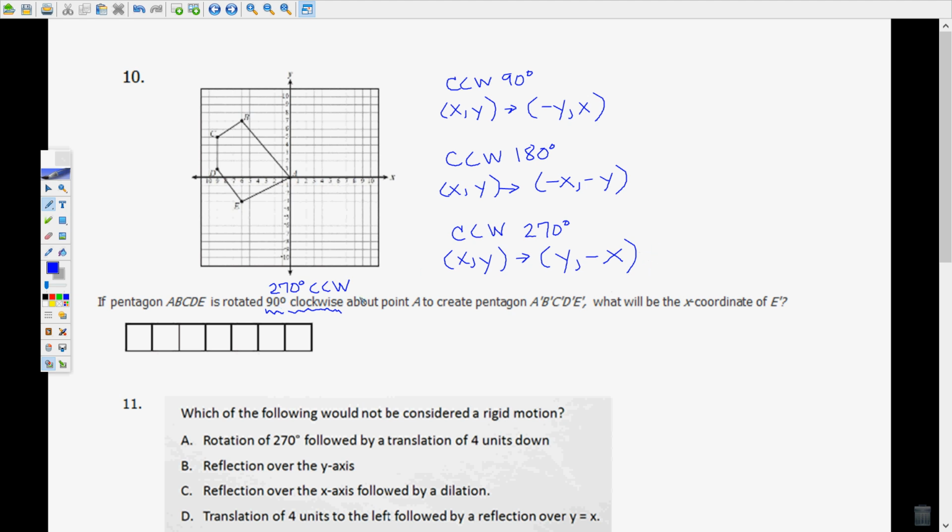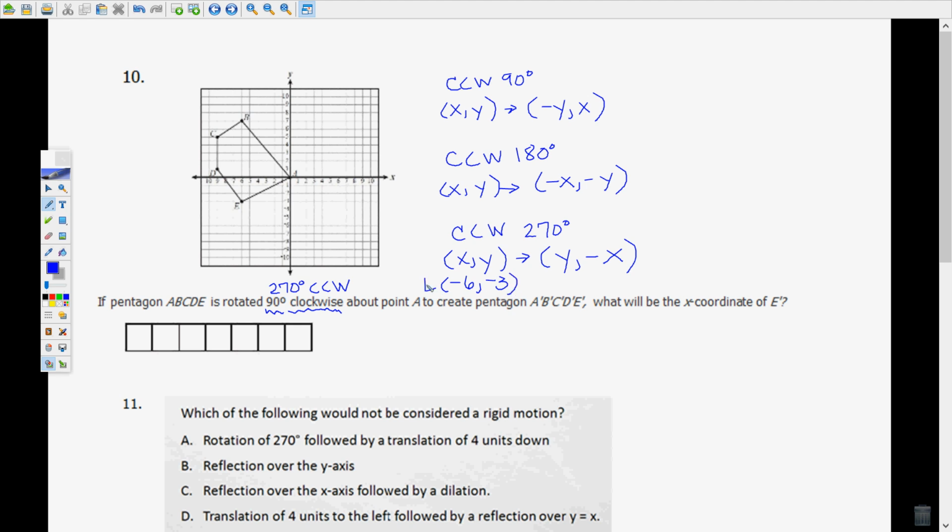So we are looking at point E, rotated clockwise about point A. What will be the x coordinate of E prime? Here's our E, and you can see it better on your copy in front of you. It is at (-6, -3).